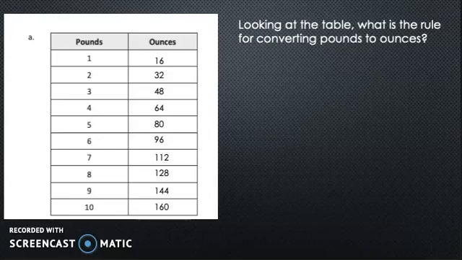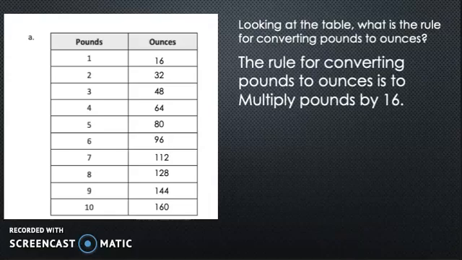Now I want you to take a look at the table and think about what the rule is for converting those pounds to ounces. What did you do to continue to add to that conversion table? Sure, the rule for converting pounds to ounces is to multiply those pounds by 16.